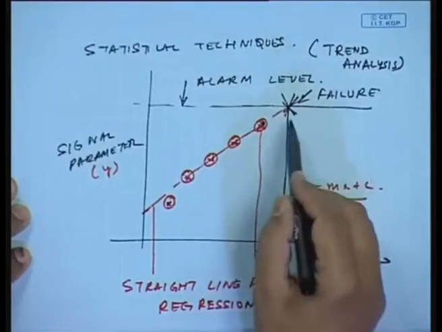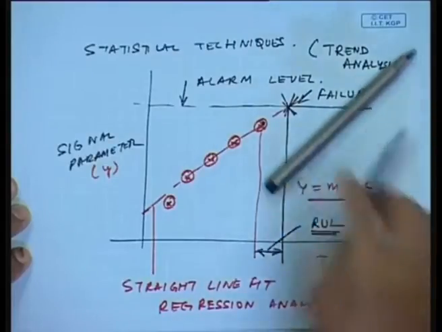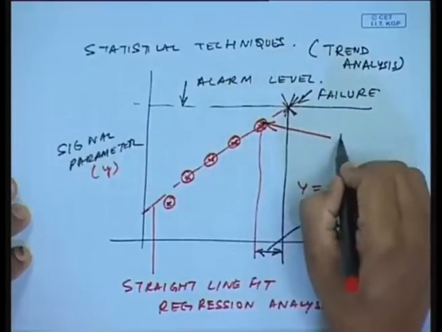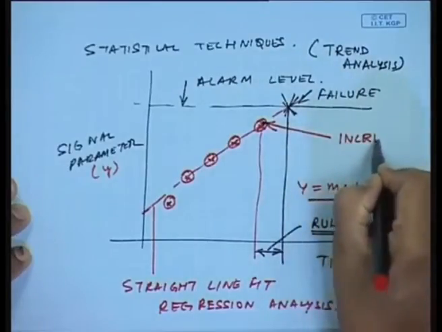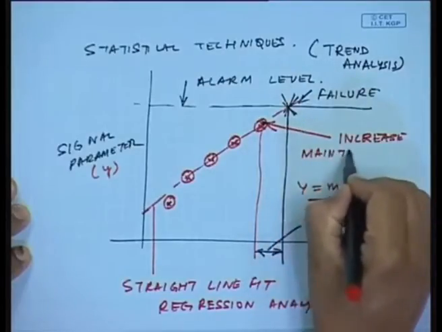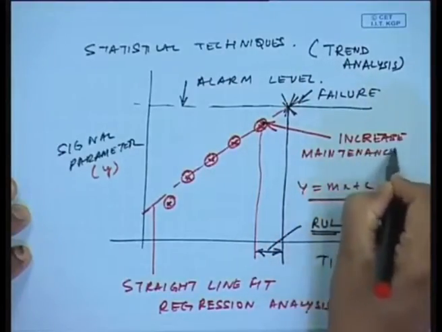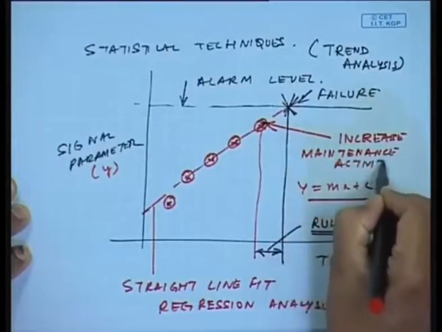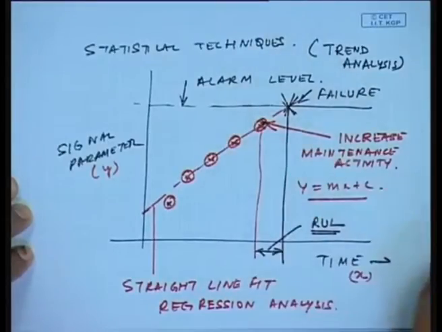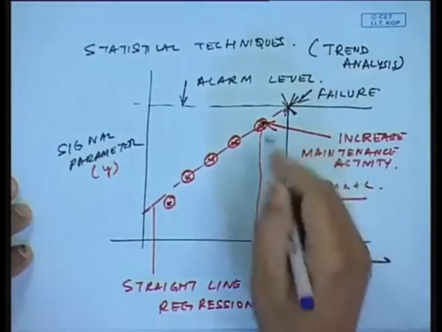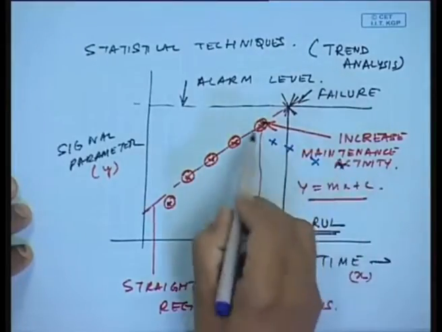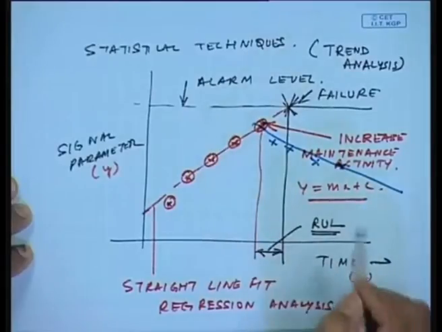I could perhaps now, because of this trend, increase my maintenance activities such that I can reduce the failure, and subsequently maybe this level could come down, and with time you can take corrective measures.